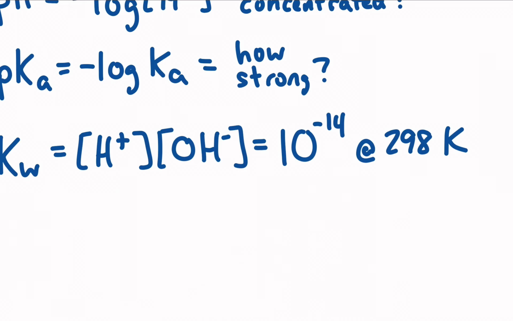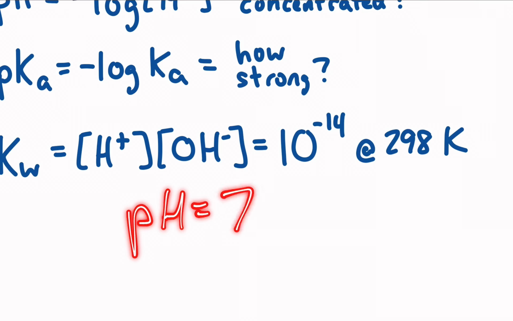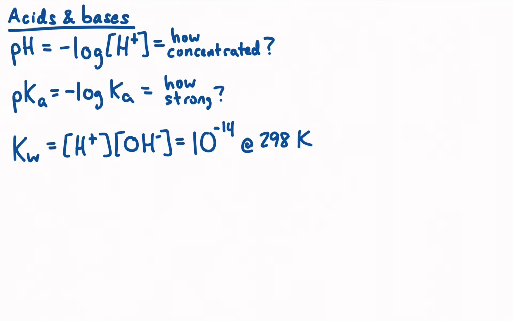So you're probably familiar with the fact that each of these is 10 to the negative 7 in pure water at 298 Kelvin, which is how we get a pH equal to 7 in neutral water at 298 Kelvin. But that changes with temperature, and they test us on that a lot, and you'll see that when we look at a sample problem.